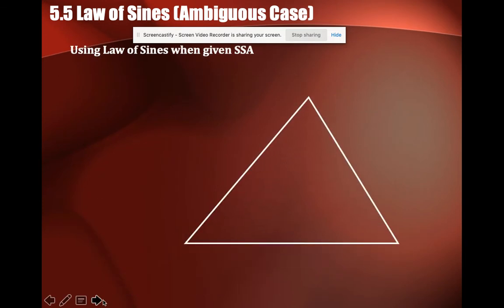So look at this picture. There's all my labels: my capitals for my angles, my lowercase for my sides, and everybody's opposite one another. There's me dropping the height from the top vertex, so I made a right angle. The height of my triangle is this formula. That comes from triangle trig.